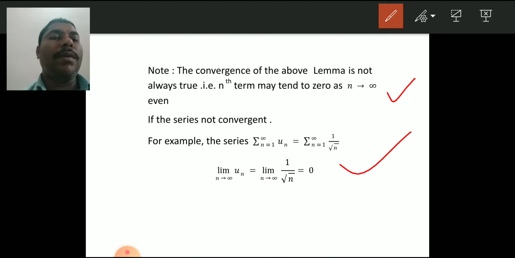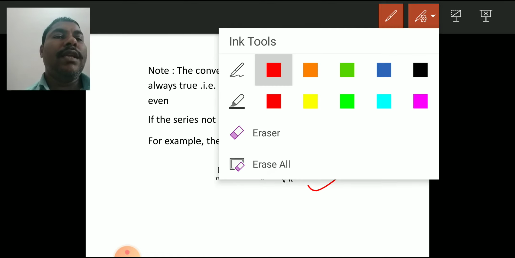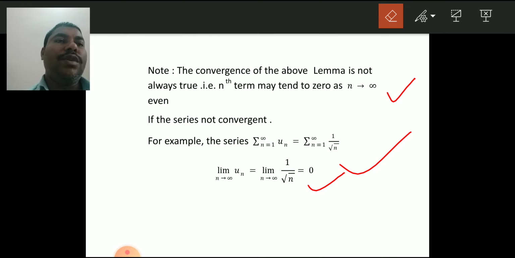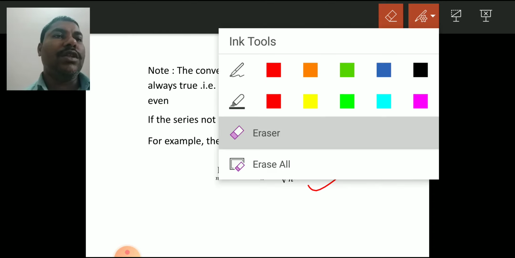So apply the limit on both sides. We get limit of un as n tends to infinity is equal to limit of 1 by root n as n tends to infinity. When we apply the limit, we get 1 by infinity, and 1 by infinity is 0.